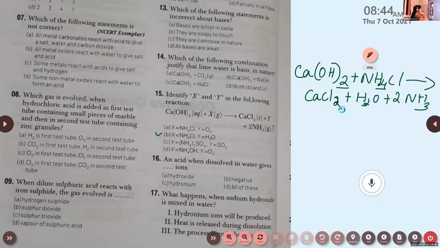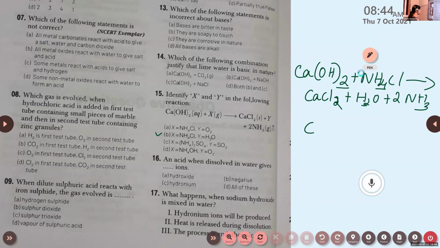We need to add more atoms to the left hand side. Before NH4Cl, 2. Yeah, very good.